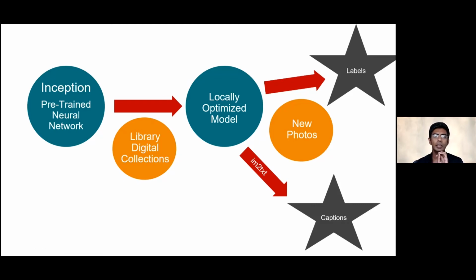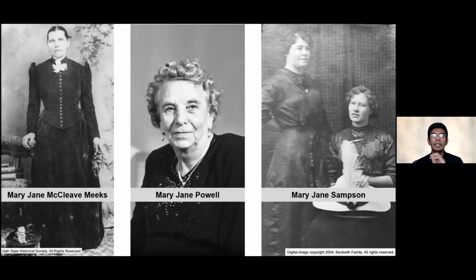Now, since we talked about the process, let's take a look at some of the challenges that we faced. Here I have 3 sample photographs from the collection. These have been used in the training process.